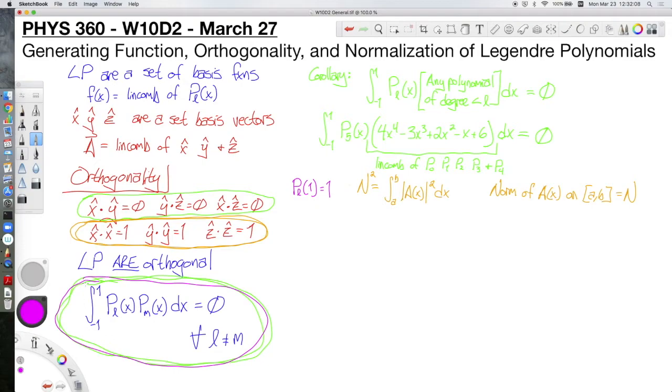So it will turn out that if we take the integral from -1 to 1 of PL of x times PL of x, so let's just put a squared there, dx, you get a value of 2 over 2L plus 1.